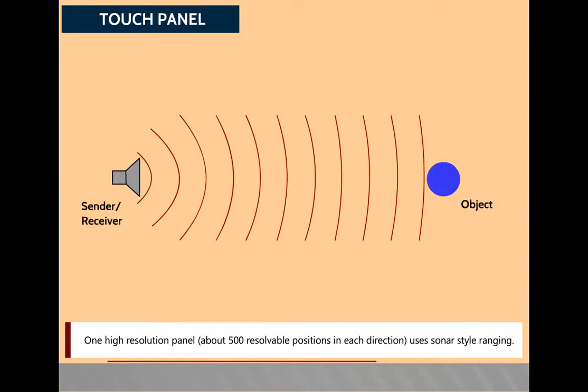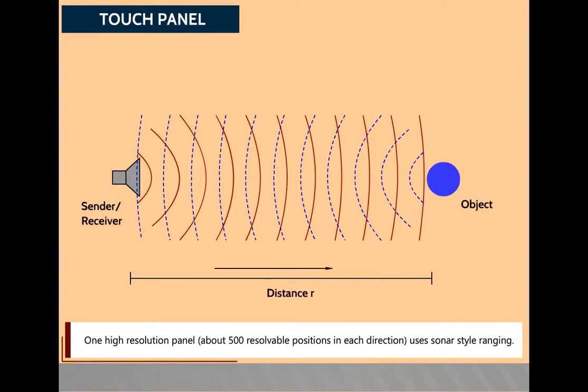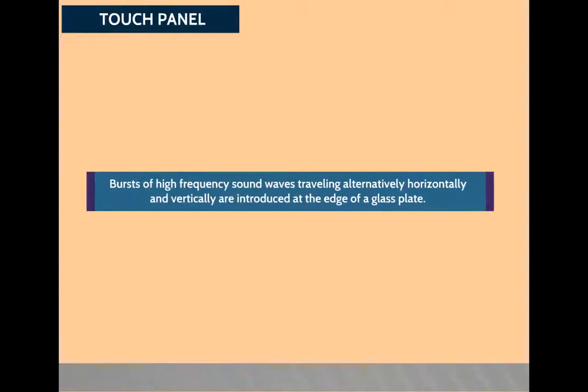One high-resolution panel, that is about 500 resolvable positions in each direction, uses sonar-style ranging. Bursts of high-frequency sound waves traveling alternatively horizontally and vertically are introduced at the edge of a glass plate.